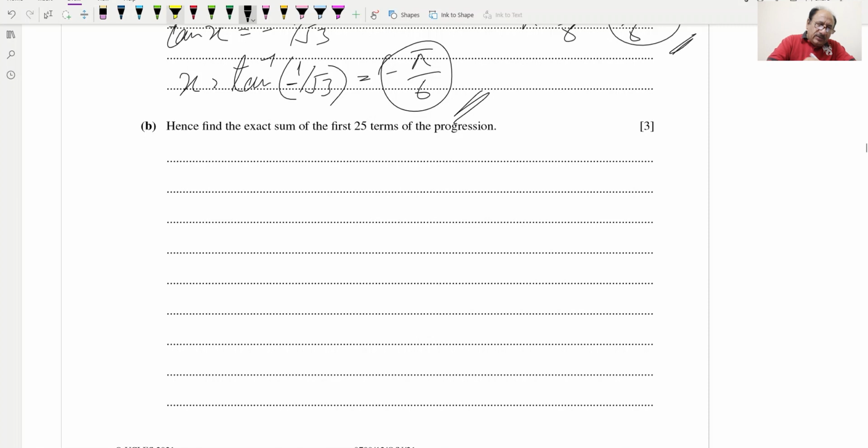Next, B part: hence find exact sum of the first 25 terms of the progression, and this is arithmetic progression, and this is a 3 marks question. So formula will be S25 will be equal to formula, if we write Sn is equal to n by 2 into 2a plus n minus 1 into d, and bracket close.